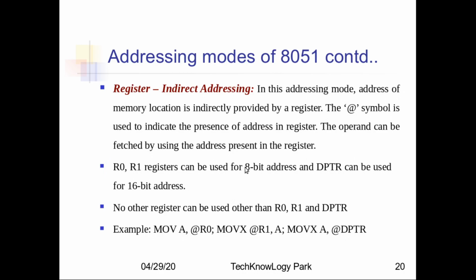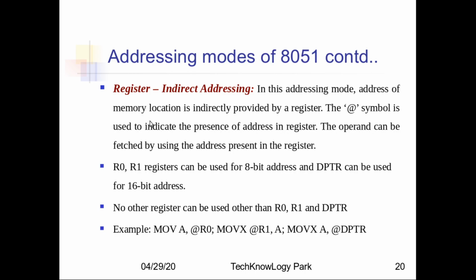Whereas in the case of register indirect addressing mode, the direct address will not be given. Instead, the address of the memory location is indirectly provided by a register. The @ symbol is used to indicate the presence of an address in a register.